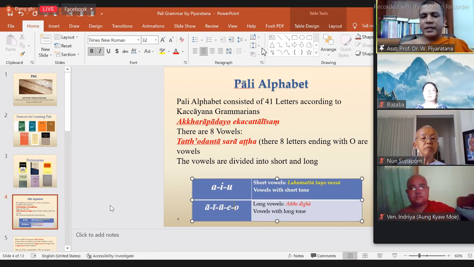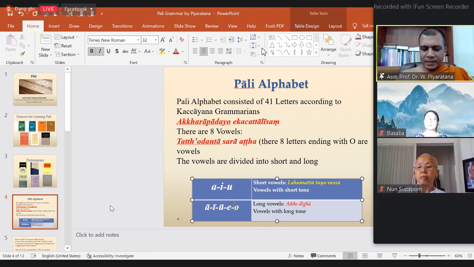It is noticeable wherever you meet such words. Even in Pali, it is necessary to remember the pronunciations. Otherwise, if you change the pronunciation, it changes the meaning.